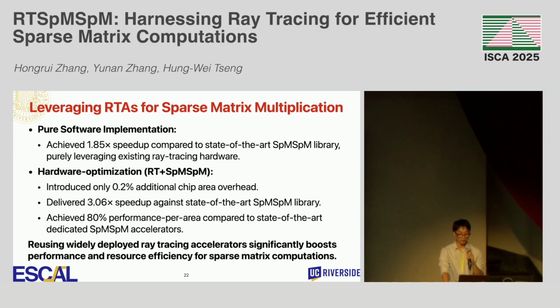We also achieved 80% performance per area compared to the dedicated SPM-SPM accelerators. So the takeaway is, reusing widely deployed ray tracing accelerators significantly boosts performance and resource efficiency for sparse matrix computation.